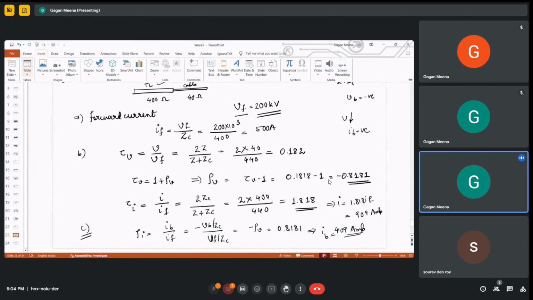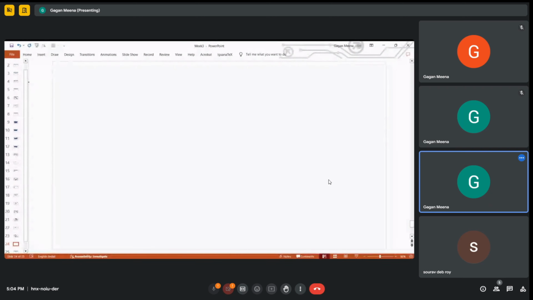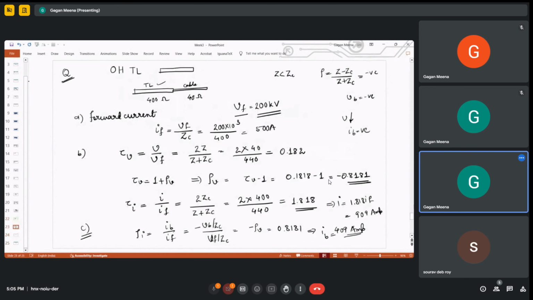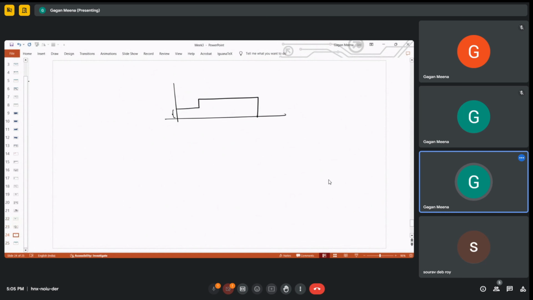Okay, so what was left now? The plot will be something like this. This is the current I. This was I forward, which was 500 ampere.